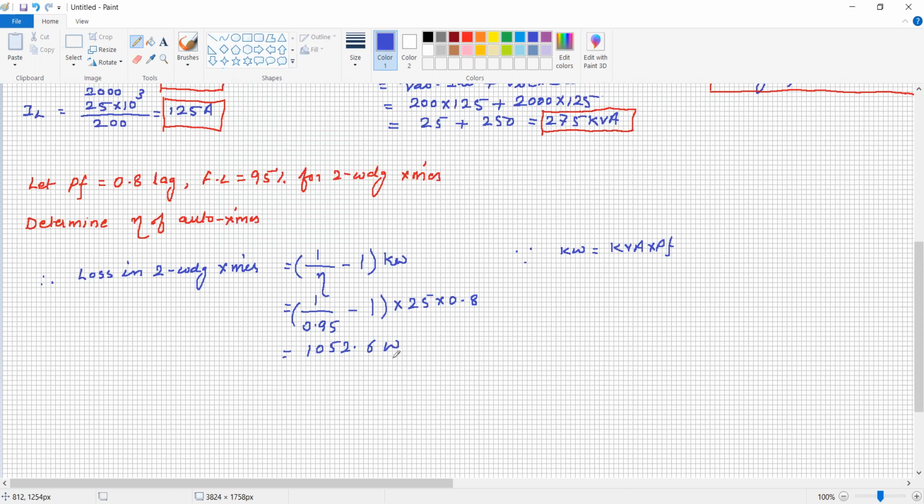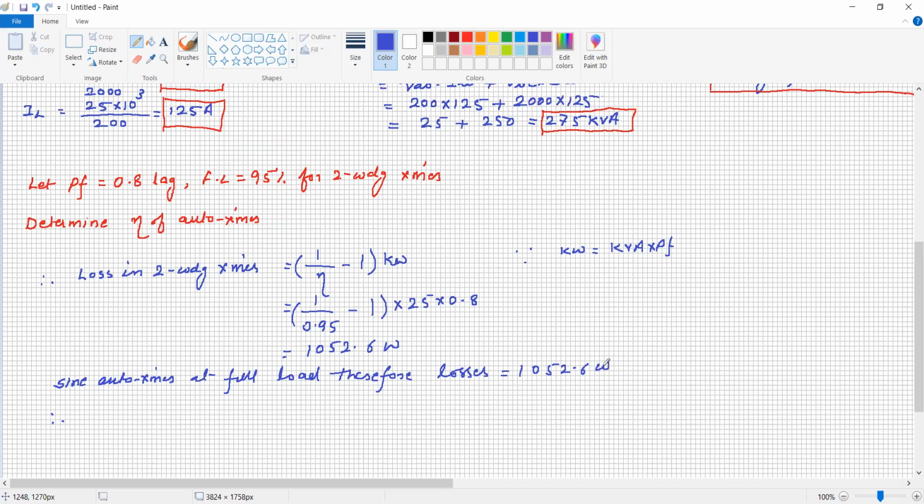Since the transformer is working at full load condition in the auto transformer, the losses will remain the same. So, since the auto transformer is at full load, the losses are equal to 1052.6 watt.